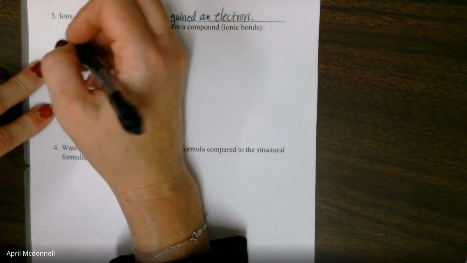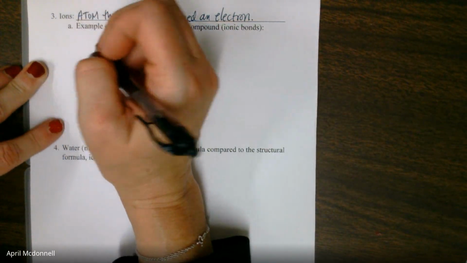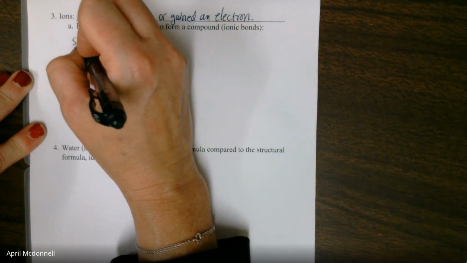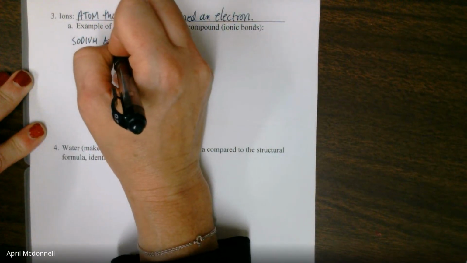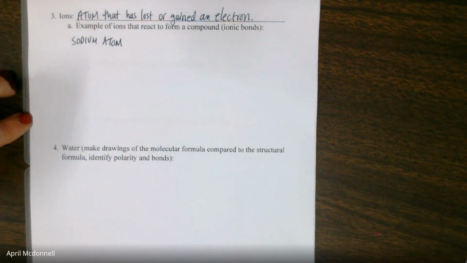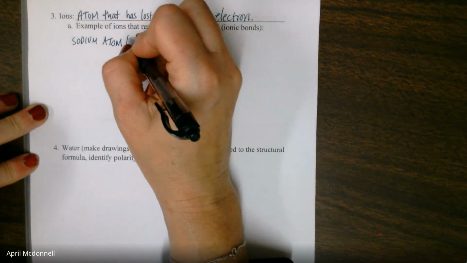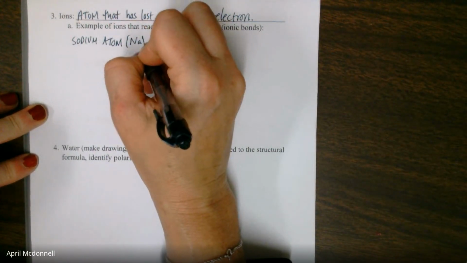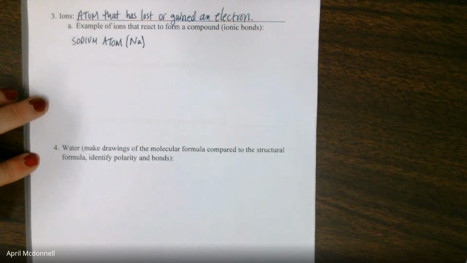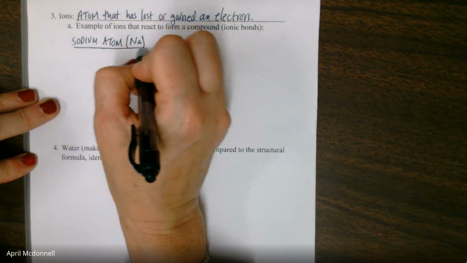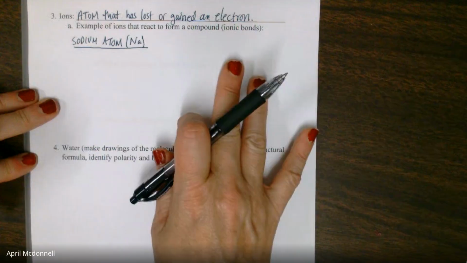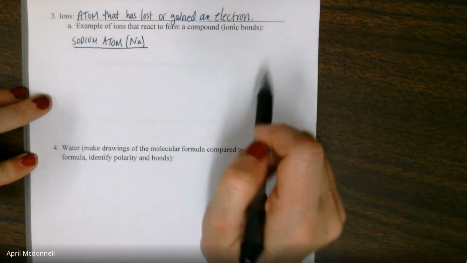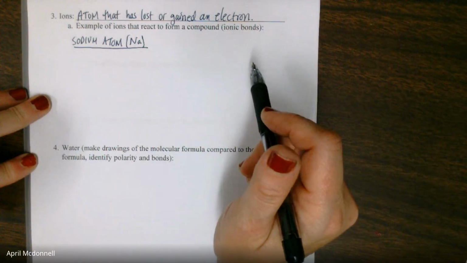I am going to draw on the left side under question number 3, a sodium atom. Does anyone know what the elemental abbreviation for sodium is? Na, which stands for natrium. It is Latin. And next to the sodium atom, I'm leaving a space open because I'm going to draw a chlorine atom.